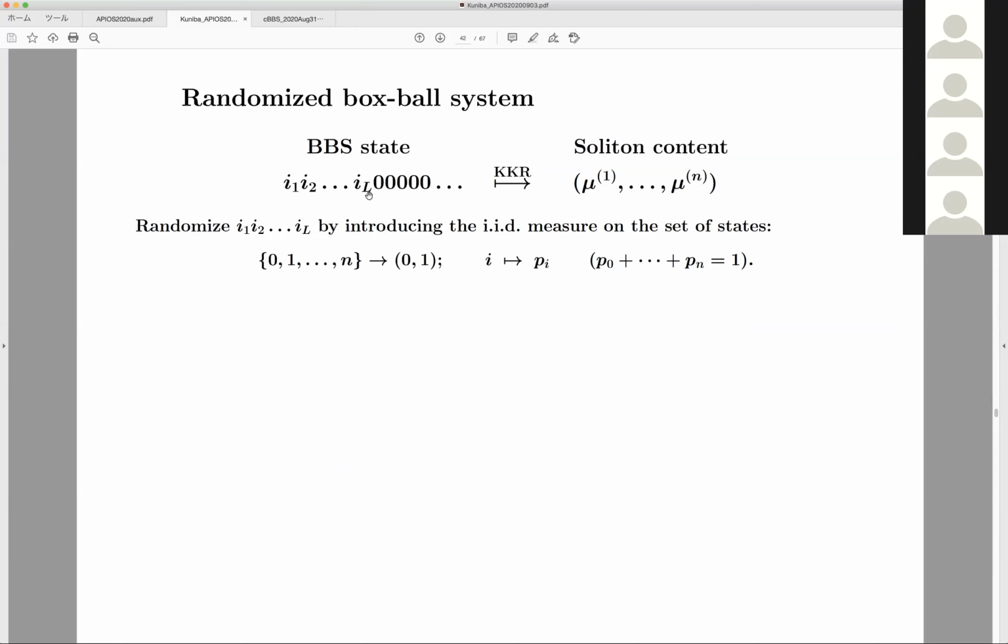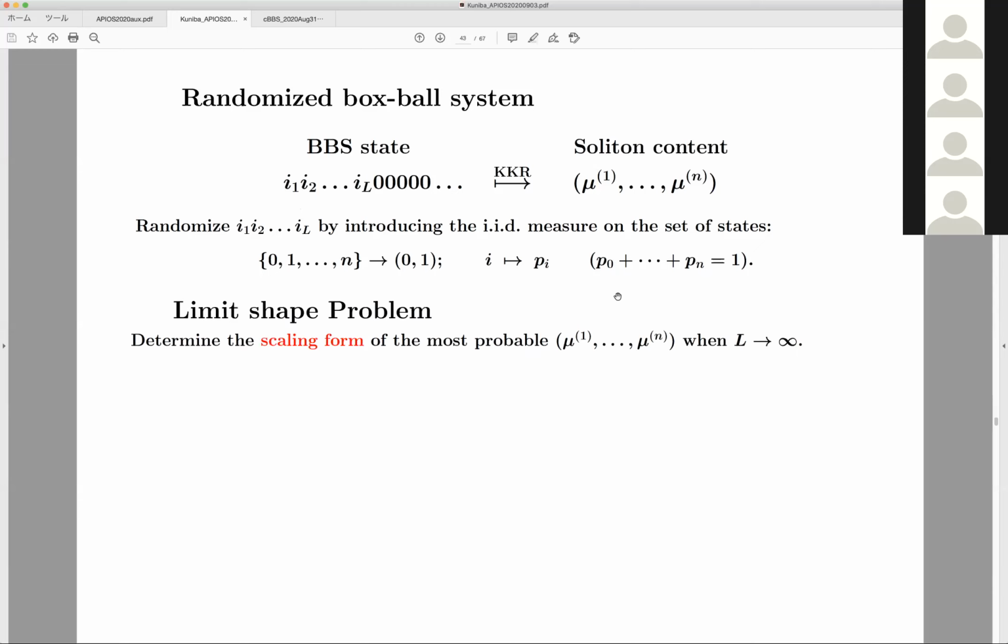These local states take, because this is n color BBS, an empty box or n kinds of balls. And I assign a probability for each of these situations like this. So p_i are the controls of this IID measure. So this IID measure is an n parameter IID measure.